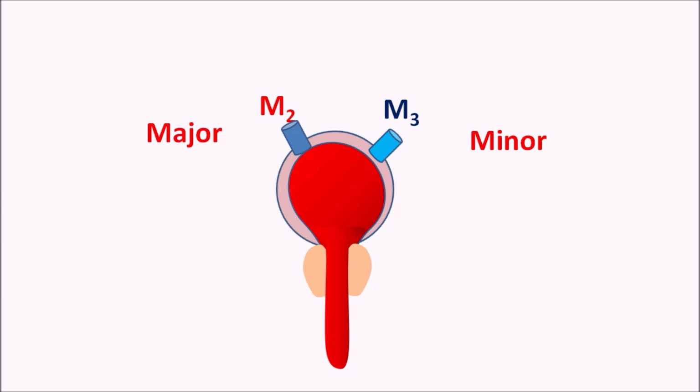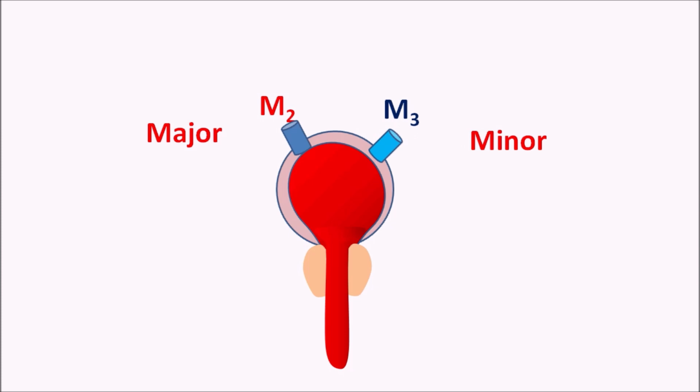Now let us see how this drug acts. On the bladder, two types of muscarinic receptors are present. One is the M2 receptors and the second one is the M3 receptors. M2 receptors are abundant, so they are the major receptors expressed, whereas M3 receptors are the minor receptors expressed on the bladder.